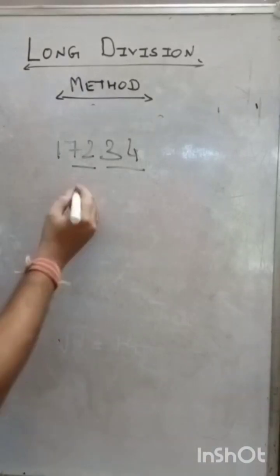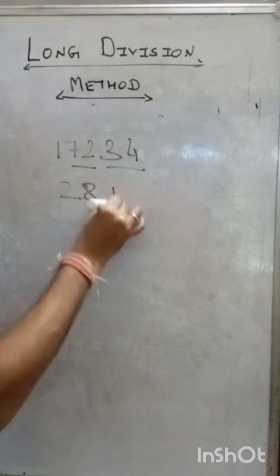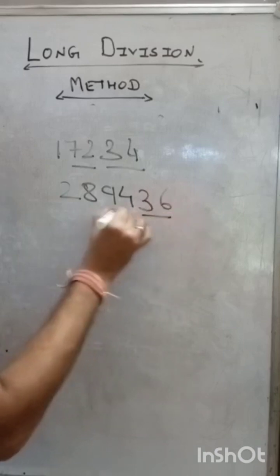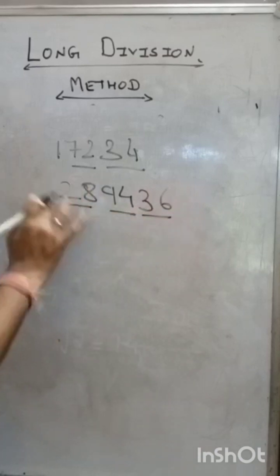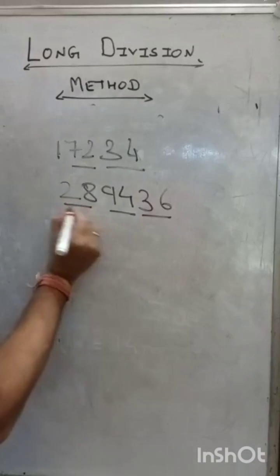Or if the number has 6 digits, suppose 289436, again you have to pair it, and then find the first square smaller than 28. This is 5. So this gives the square root of a number in the place of hundreds or tens, but start with 5 because we have paired it and found the square smaller than 28.